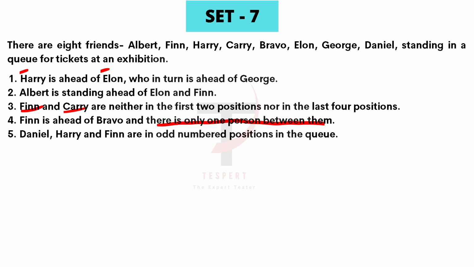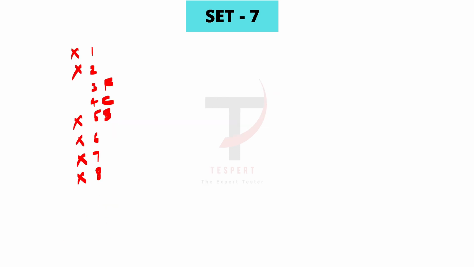So Elon is ahead of George, Harry is ahead of George, and Harry is ahead of Elon as well. So HEG is the arrangement. Let us write it aside for reference: H, E and G. We will come back to them.